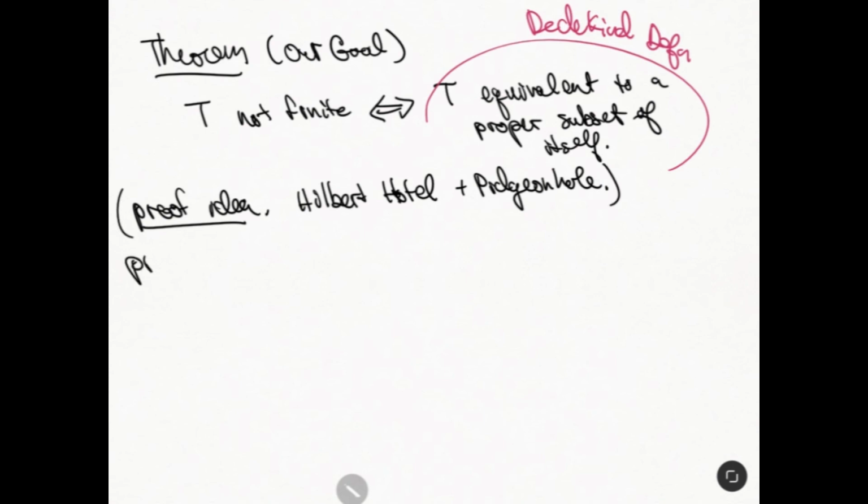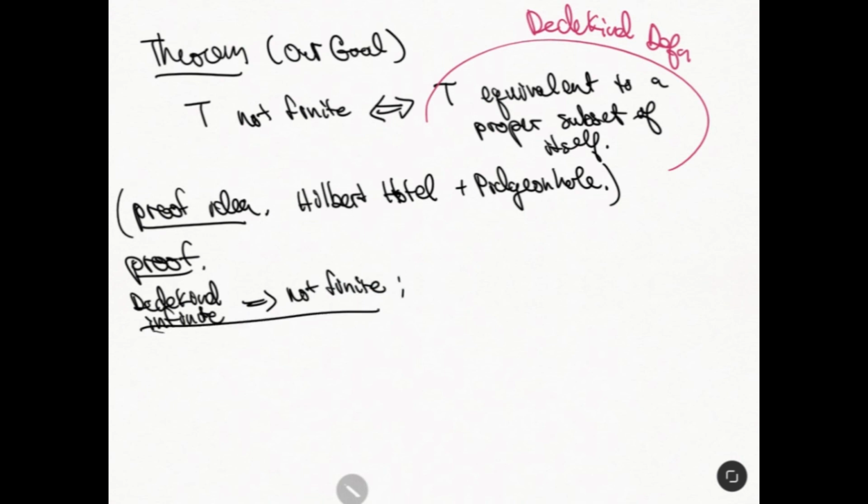So the actual proof is two parts. Let's do Dedekind infinite implies not finite. This is half of the thing.